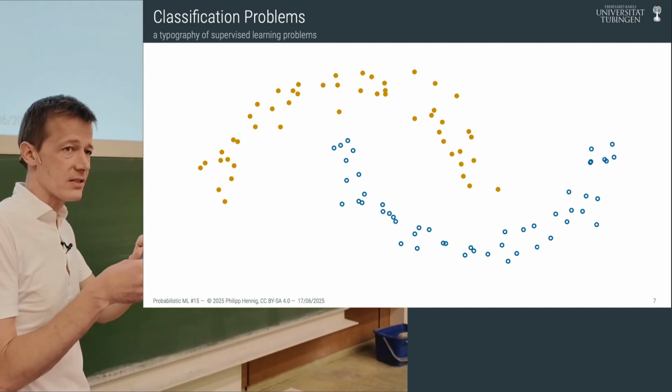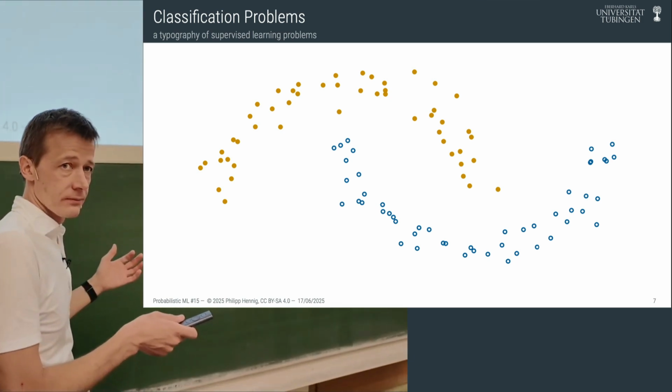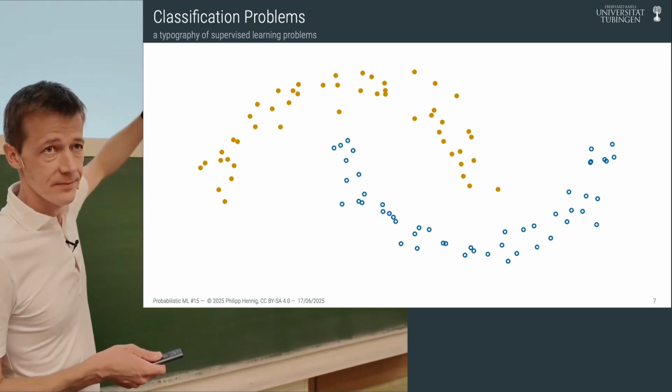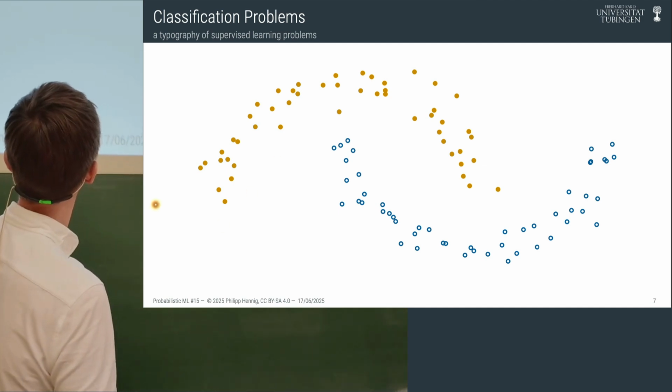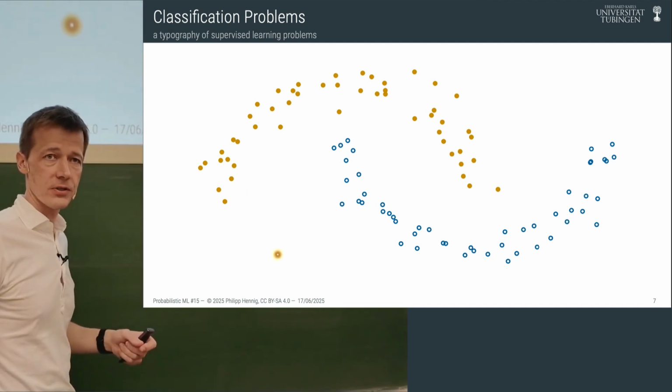So your knee-jerk reaction to classification is, I want to have a function that maps from this 2-dimensional input space to labels, so that I can ask this function, what's the class? Is it blue or orange? Right?